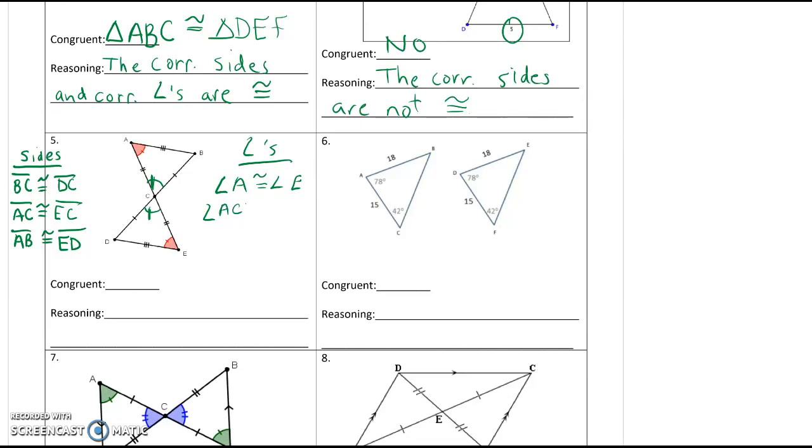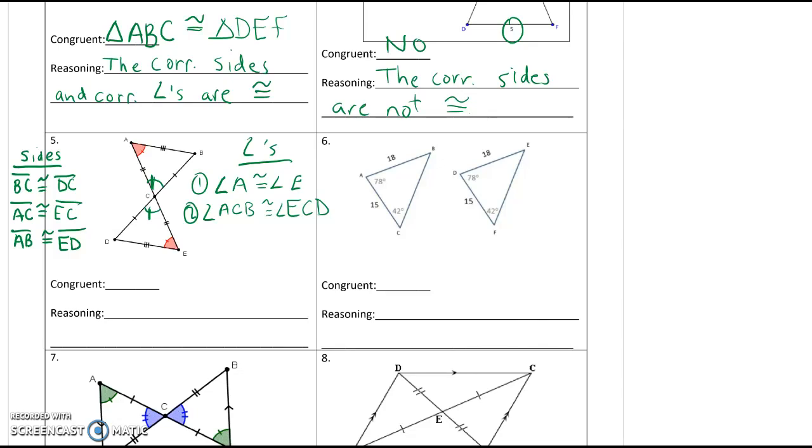So angle ACB is congruent to angle, since we start off with A, we have to start off with E, ECD, angle ECD. So we have 1 angle right there. The second angle we know because we know that vertical angles are congruent.